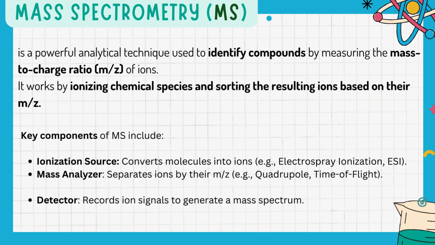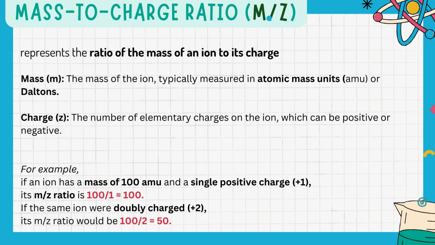So always remember the key components and the main principle of a particular technique or method. For this one, it involves the measurement of the mass to charge ratio of the ions. So what do we mean by mass to charge ratio, guys?